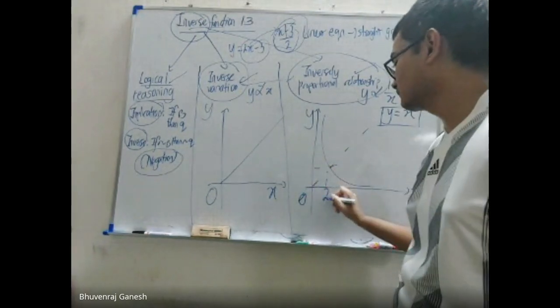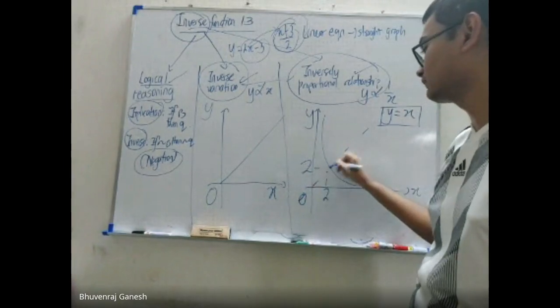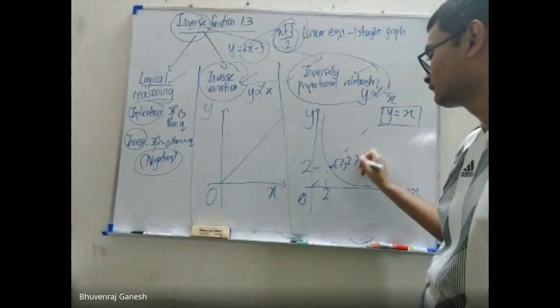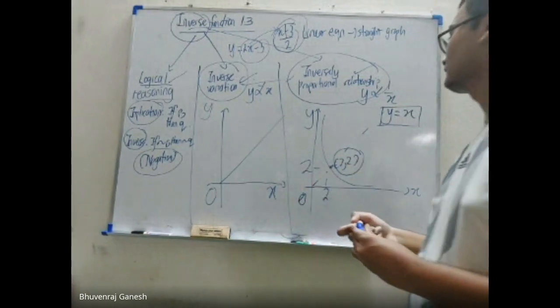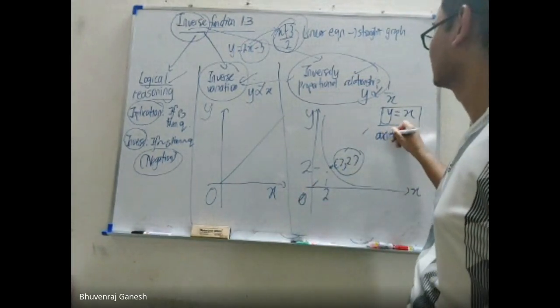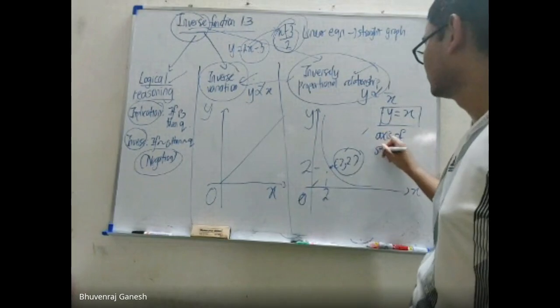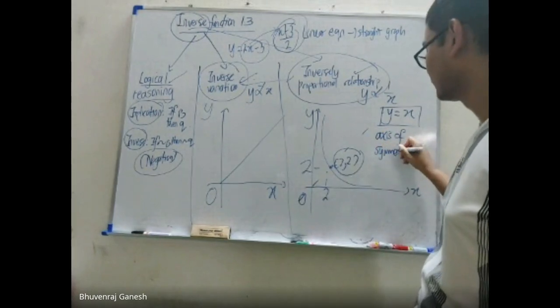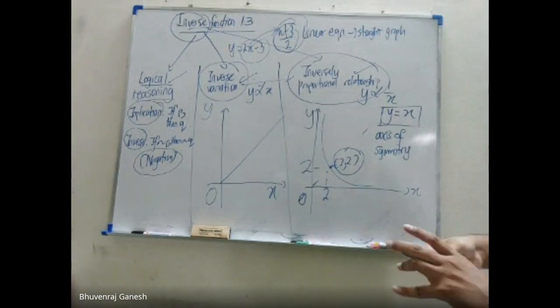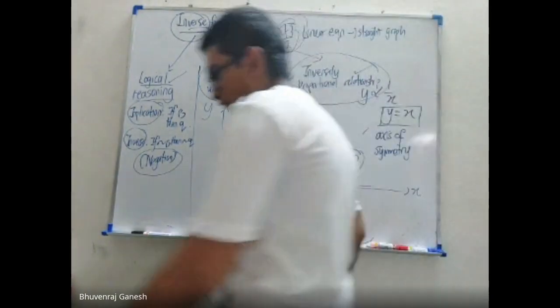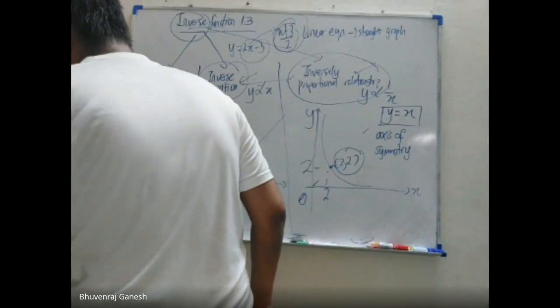Let's say here is 2, here is also 2, meaning this point is (2, 2). This is why we call it the point of reflection, an axis of symmetry. We'll go into that later. So this is the briefing you can expect from inverse functions.